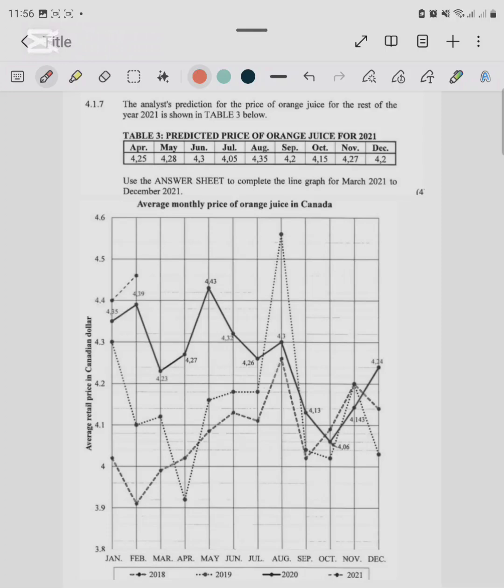And so we're just going to start with April 4,25. So we got April 4,25, which will be approximately halfway over there. Then we're going on to May, which is 4,28, which is going slightly higher over there.